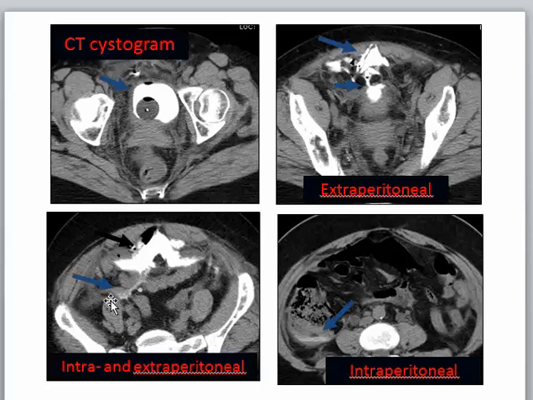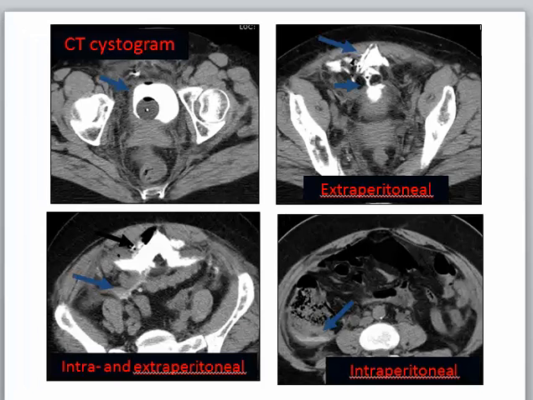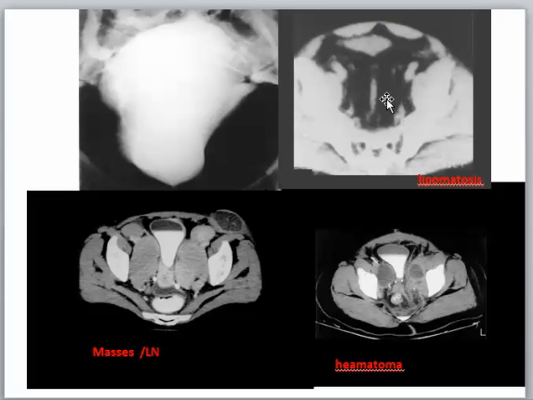Triangular shaped collections are usually intraperitoneal, while flame shaped or molar tooth appearance are extraperitoneal. Molar tooth appearance can also be seen in such cases if there is fat.